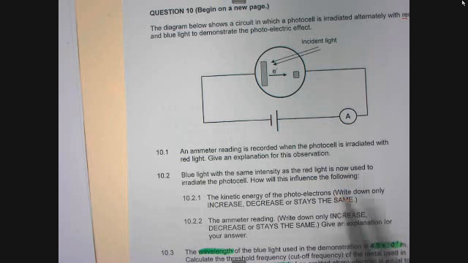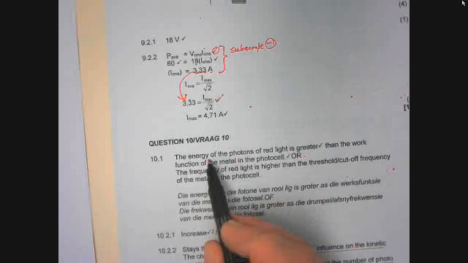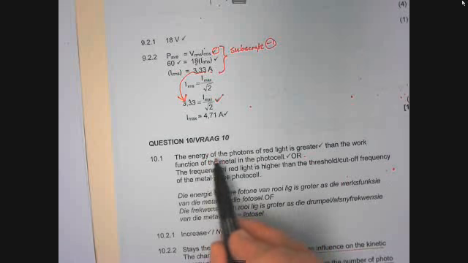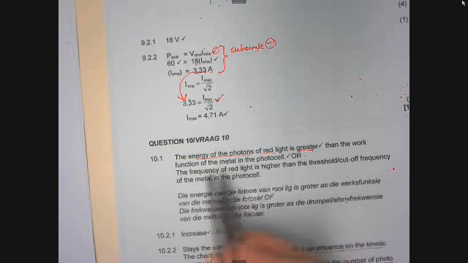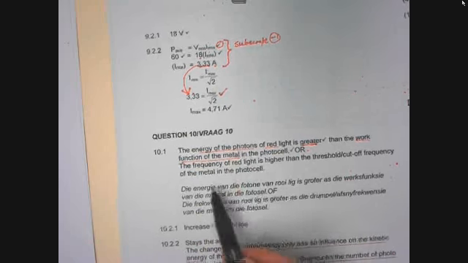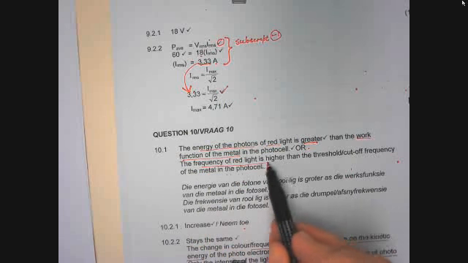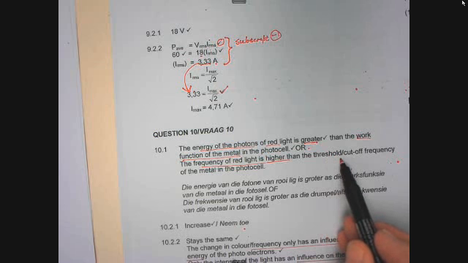What does the fact that red light gives an ammeter reading mean? Why is that? The learner is supposed to state that the energy of the photons of red light is greater than the work function of the metal, or that the frequency of red light is higher than the threshold or cutoff frequency of the metal used.